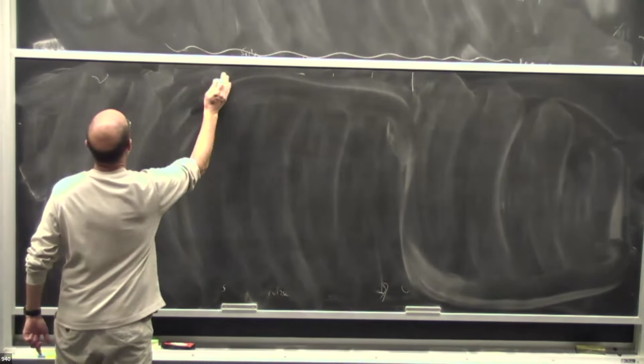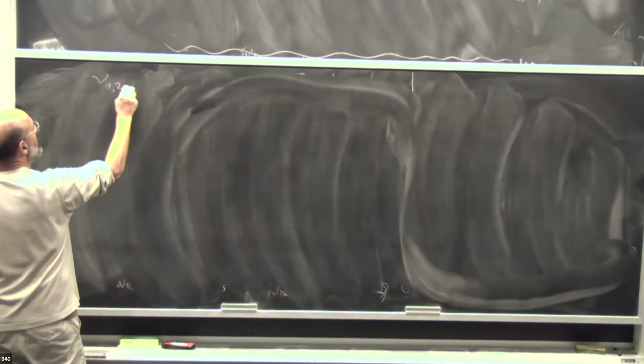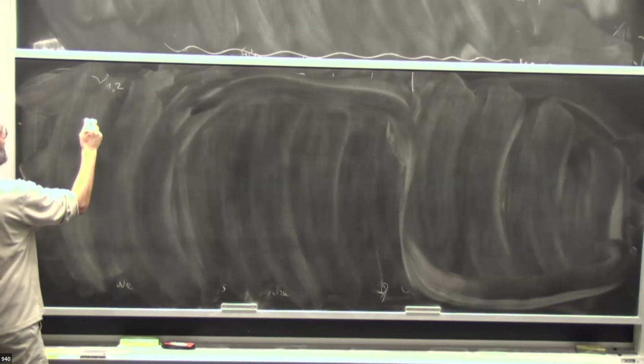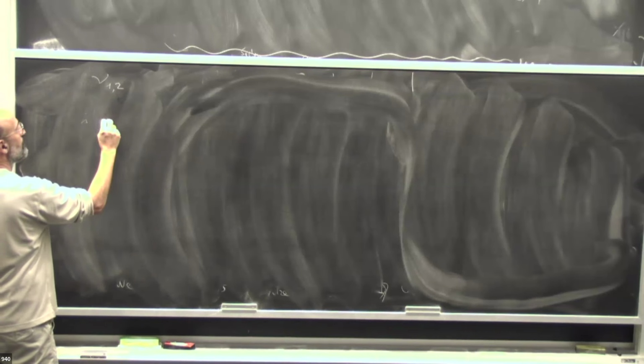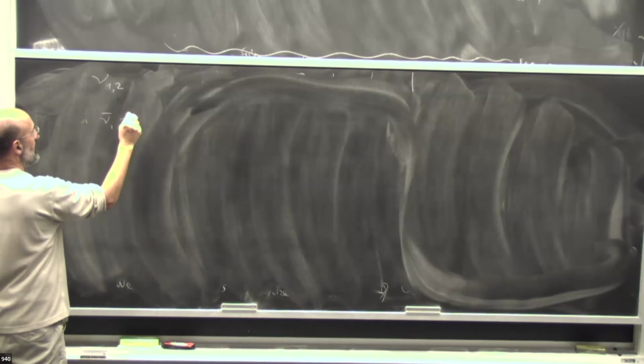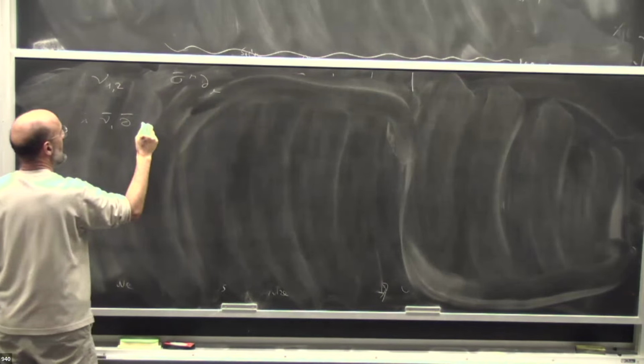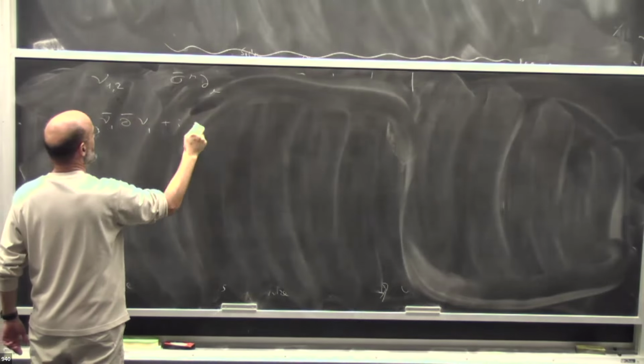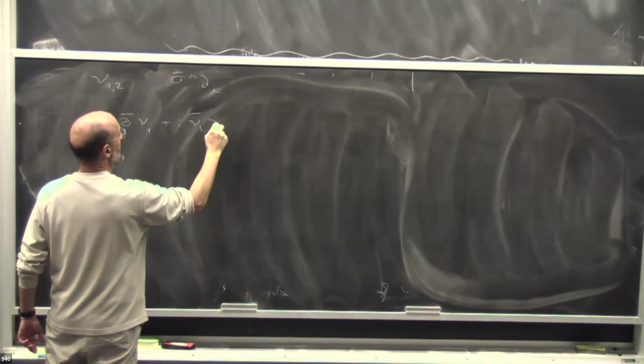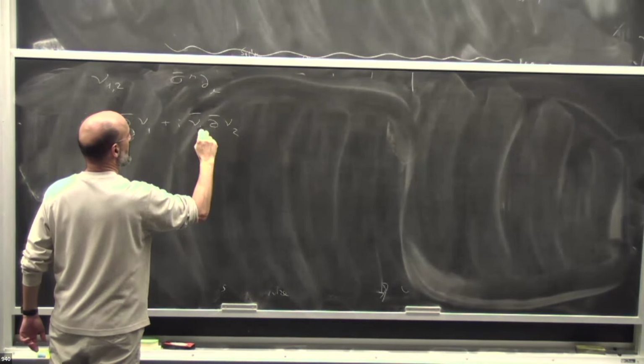So let's say you have two spinors, U1 and U2, which I call like neutrinos, with kinetic terms U1 bar sigma-bar mu derivative U1 plus i U2 bar sigma-bar U2.